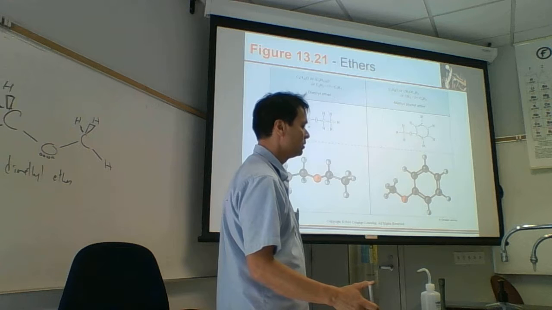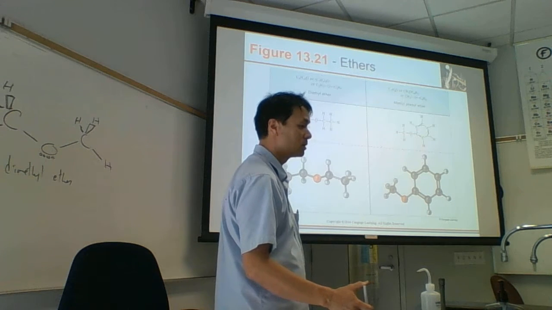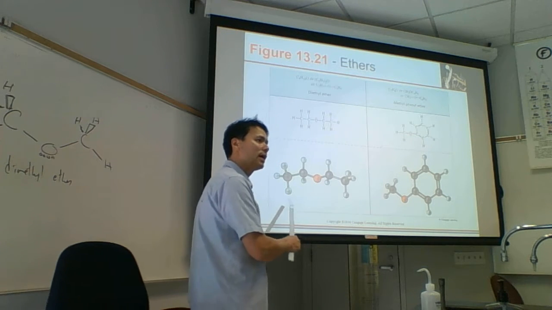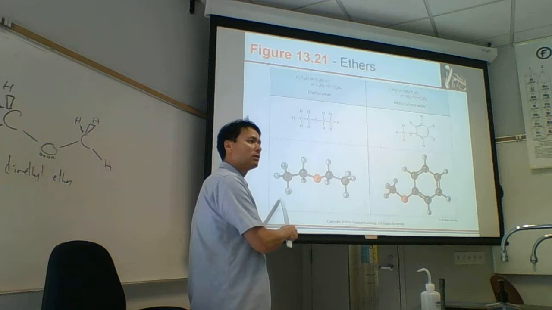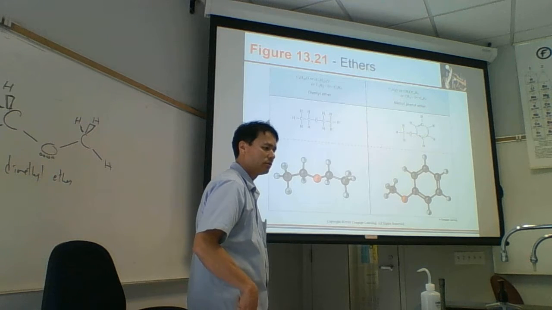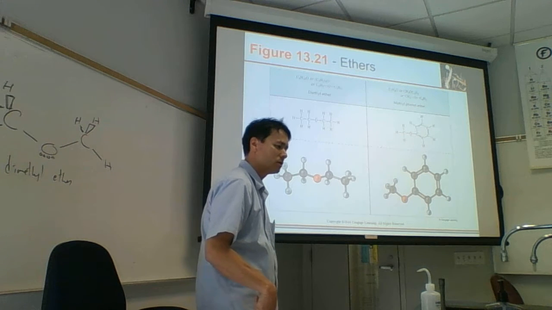I think it's still used in the illegal drug trade because diethyl ether is a good solvent. It's kind of oil-like and water-like, right? And so diethyl ether is used, I guess, for purification or something like that.